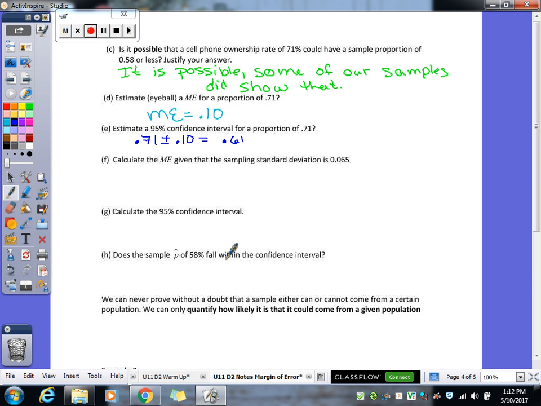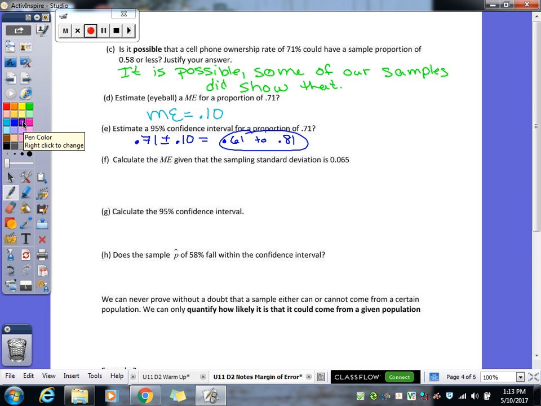And then 0.71 plus 0.10 gives us 0.81. So our 95% confidence interval would be from 0.61, so 61%, up to 81%. So we're saying that between 61% and 81% of the students have cell phones. That's our confidence interval. We can say with 95% confidence that that proportion of students have cell phones.